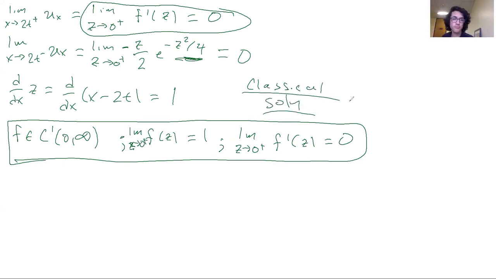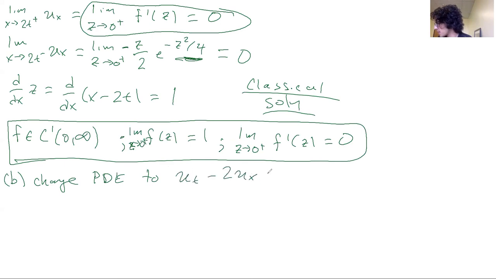Okay. Next part of the problem is to look at if we change the PDE to u sub t minus 2 u_x equals 0, okay, what are the resulting conditions on f of x, okay?